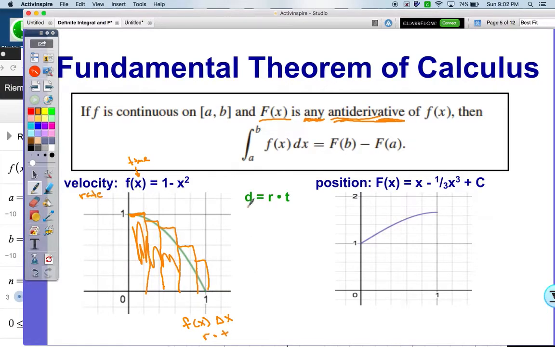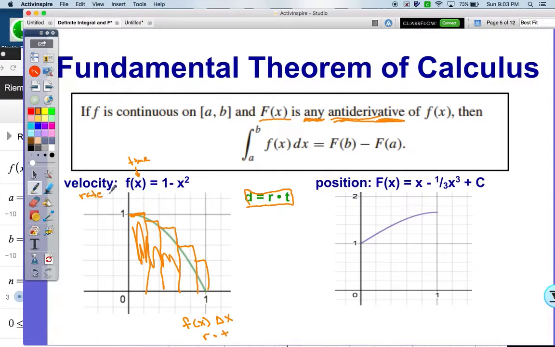And you probably know from even before Algebra 1, this formula: distance is equal to rate times time. So basically we're finding the area under the curve of a velocity function. We know how fast my car is going from time 0 to 1 minute, and that area under the curve just tells us the distance the car traveled.